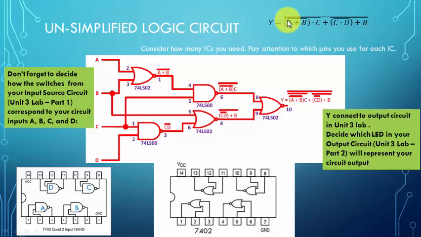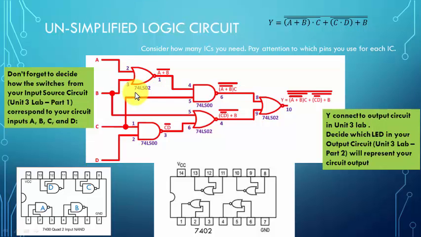We need a NOR gate, NAND gate, and here is another NAND gate. Here you can see it's another NOR gate, and overall over here is another NOR gate. So basically, we only need two types of gates, NOR gates and NAND gates.